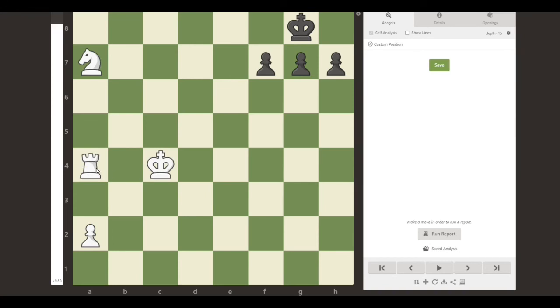In this next problem, write down all the possible moves for white's rook on A4. Pause the video and I will reveal the solution in 3 seconds. Here, white's rook can move to 4 squares. Here, here, here, and here. The code letter for a rook is a capital R, so for each move, we need to find out which square it moved to.